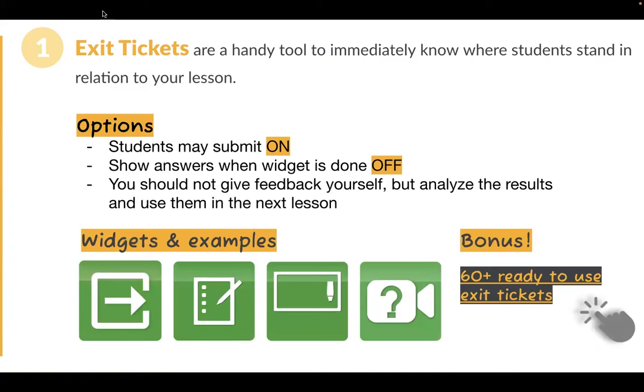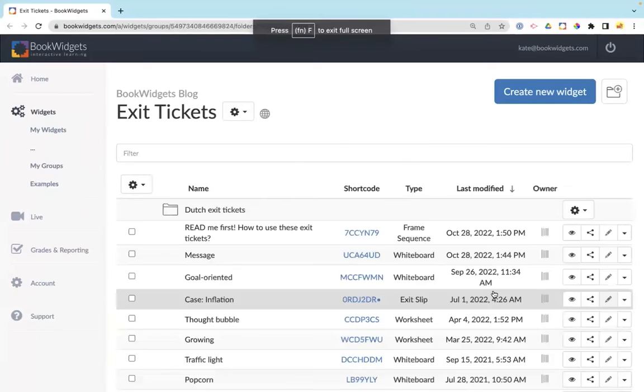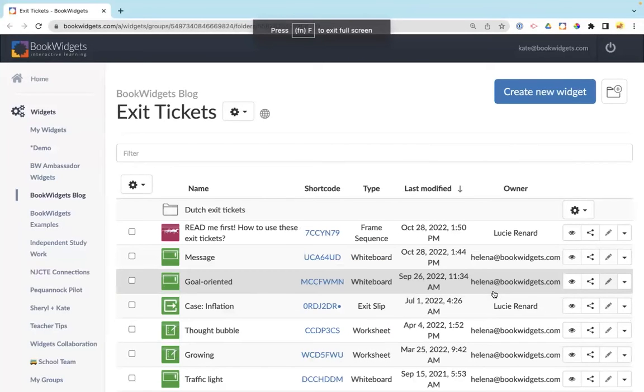We have over 60 ready to use exit tickets. So at the conclusion of the webinar, for those of you that have attended live, you'll get the link to the slides, and you'll be able to go exploring and see all the ones that we have for you. And let me just show you real fast what this one is, because that link will take you to a group inside of BookWidgets.